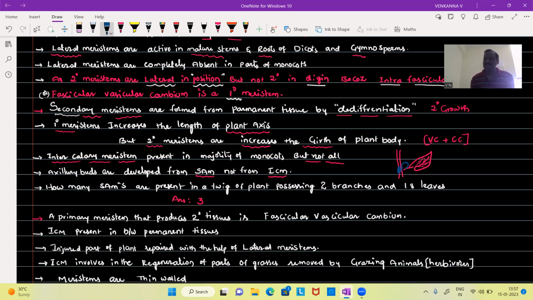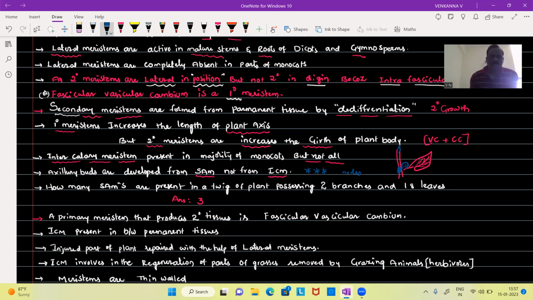So the axillary bud is present near the node, near the intercalary meristem, but it is developed from shoot apical meristem, not from intercalary meristem. Very, very important from the NEET point of view. But axillary buds are present at the place of node, in the axil of the leaf.